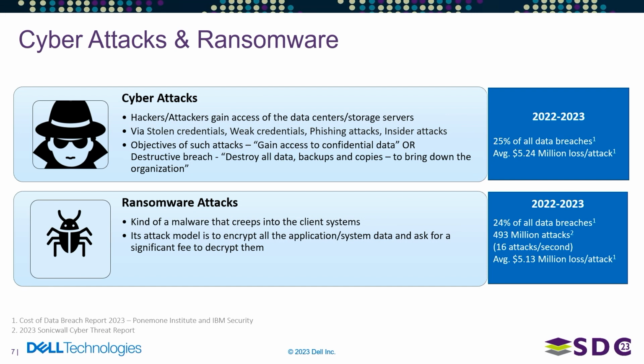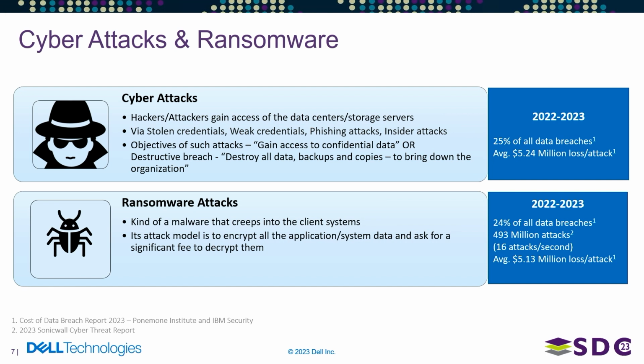These are usually destructive. Their main goal is to just delete the data. Whereas ransomware attackers don't want to delete the data. They want to make money out of it. The common way is they hack into the system and then they stay there. They figure out who all the players are, and they steal the passwords or whatnot, and then they encrypt the data.